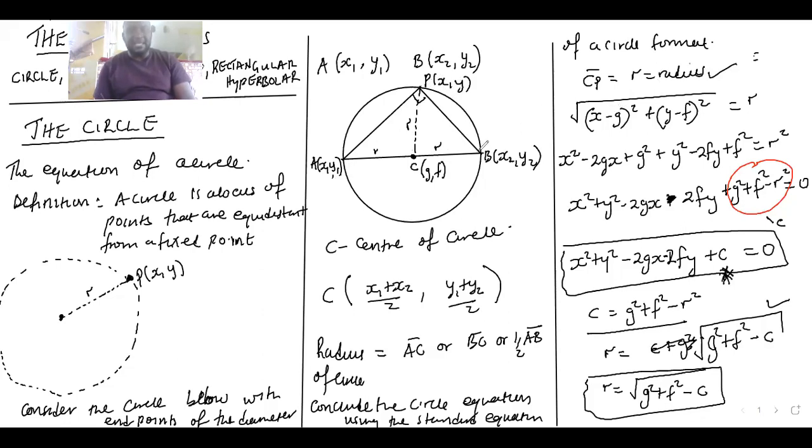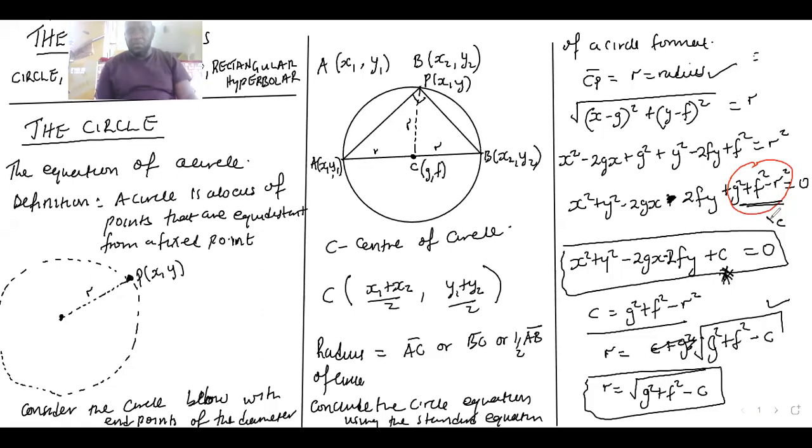Now, to get distance CP, you use coordinate geometry and find x minus g squared plus y minus f squared under the square root will give us r. Then you square both sides and expand. When you expand, you realize this term. So this term is called a small c, just for simplicity.